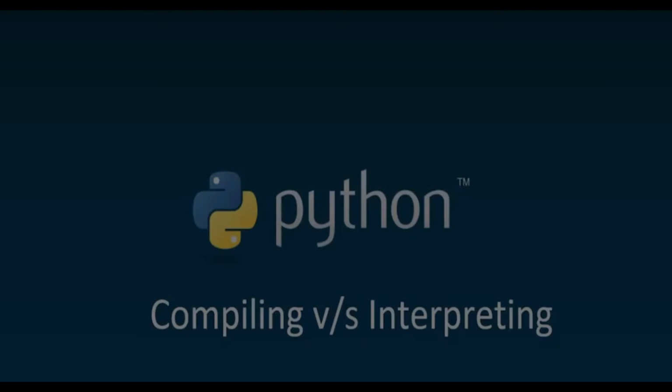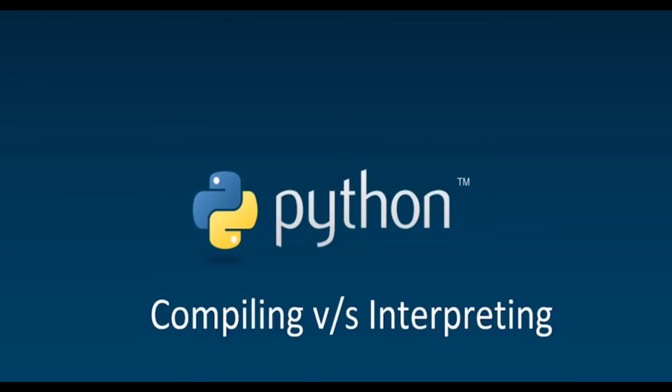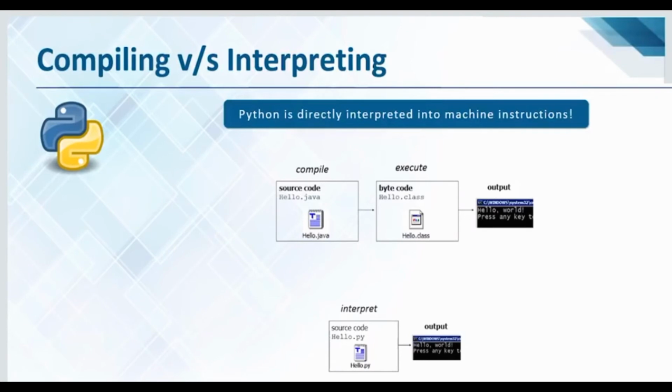And now we need to understand what is compiling and interpretation. You can see the first figure here: compilation, execute and output. Python directly interprets into machine instructions. Like Java and C++, the source code is what we type for the program.